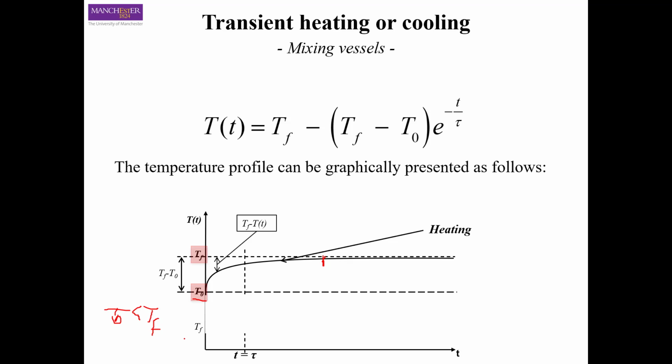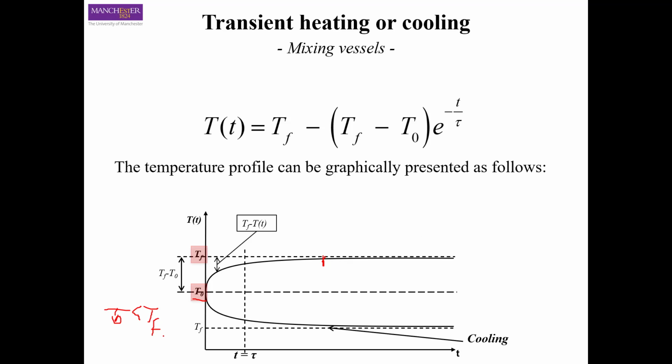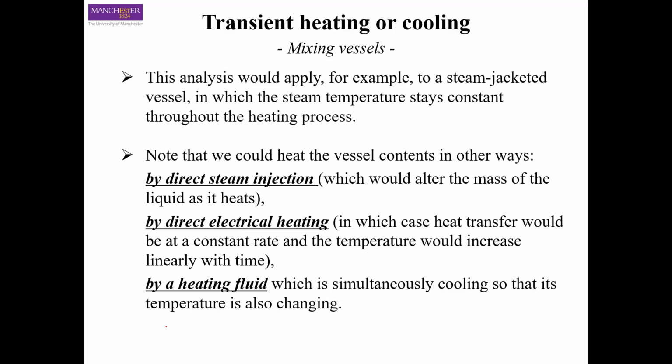We have a refrigerant now in the jacket, and if you do that, you will have a similar curve that goes down, and it means that now you will have a decrease in temperature with an exponential decay. That is exactly the same as I said in the previous slide.